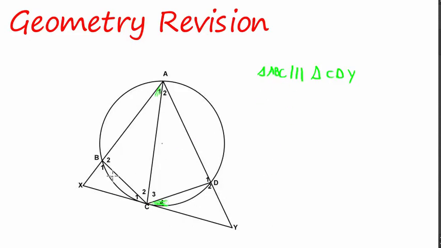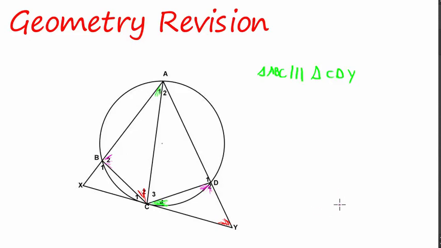Okay. B is equal to D, and Y is equal to C. Now, if I had to prove this, I'd only need to prove two of it.